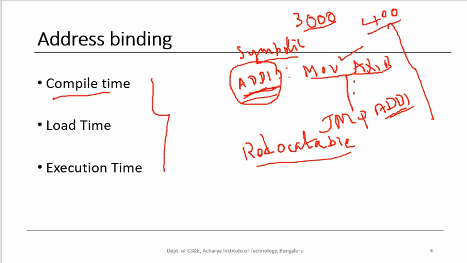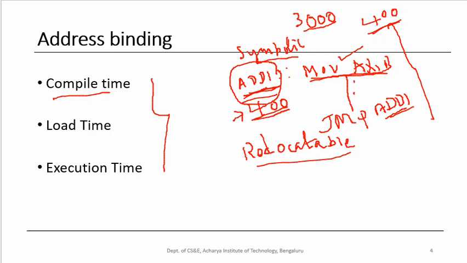So the relocatable address is this. Actually, what is given to add 1 is 400. We say that this instruction is at an offset of 400. This is a relocatable address.